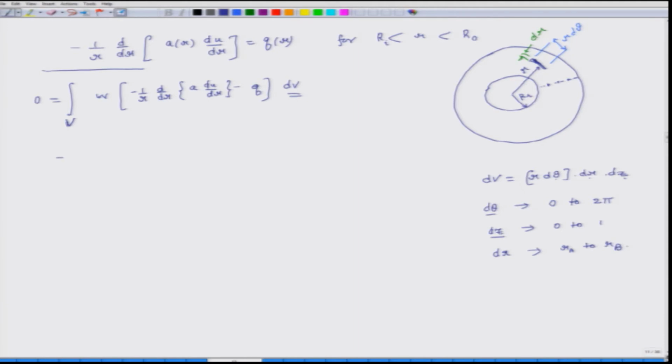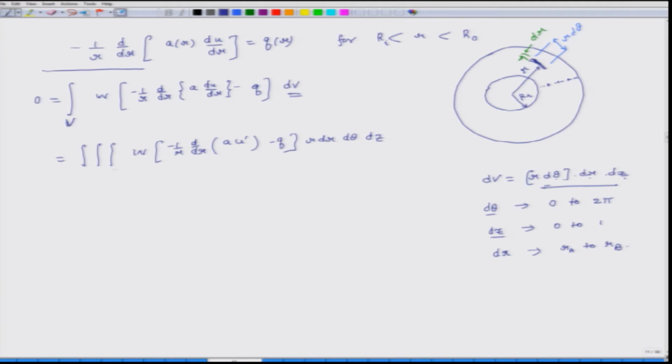So, my weighted integral is basically three integrals of W of minus 1 by r d by dr of A u prime minus q, and the first thing I am integrating is with respect to r dr. So, I am replacing this dV by this entire thing, then integrating with respect to theta, then with respect to z.